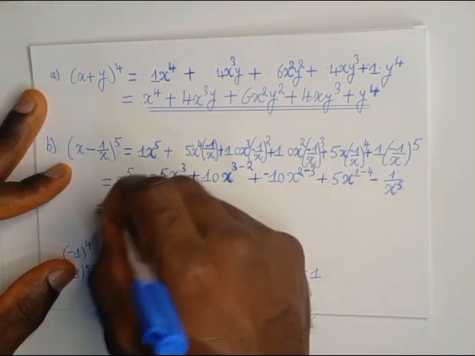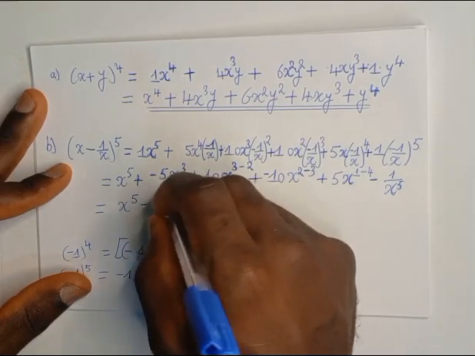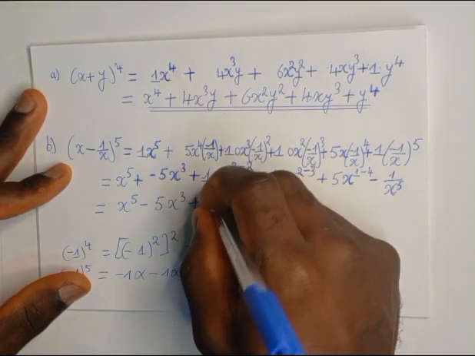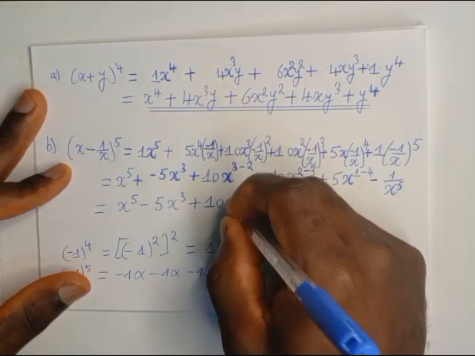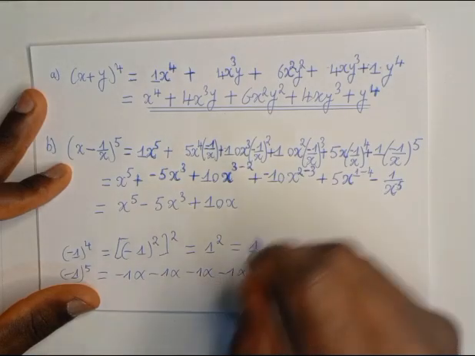This will simply be equal to x to the power 5 minus 5x cubed plus 10x to the power 3 minus 2 is 1, 10x.